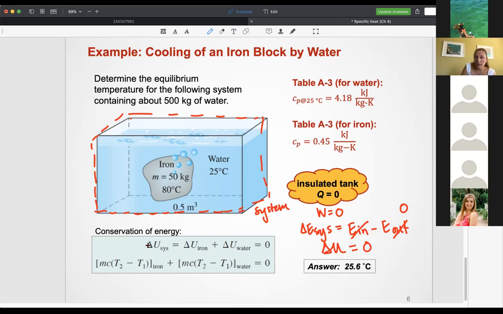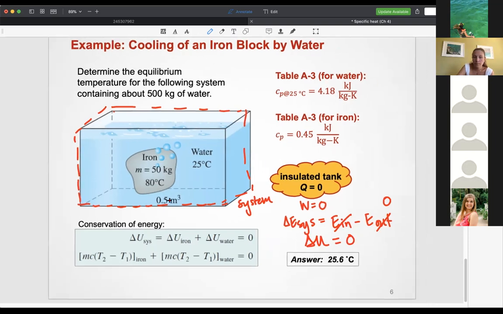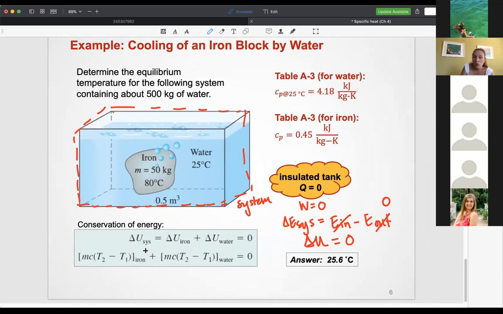So here we can see worked out on this side, our change in energy of our system is equal to 0. And the change in energy of our system is going to be the change in internal energy of our water plus the change in internal energy of our iron. This is total change in internal energy.